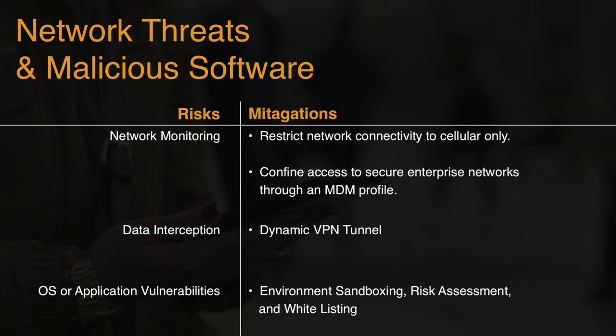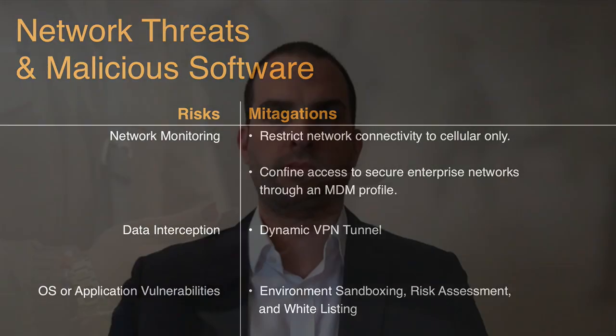Another possible mitigation is to perform a risk assessment on each third-party application before permitting its use on the organization's mobile devices. This method, although time-consuming, may be the best solution for highly regulated industries.